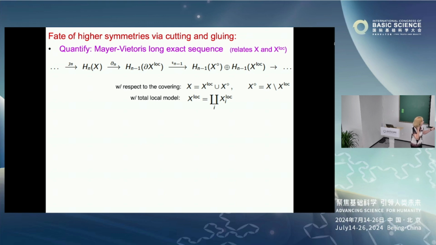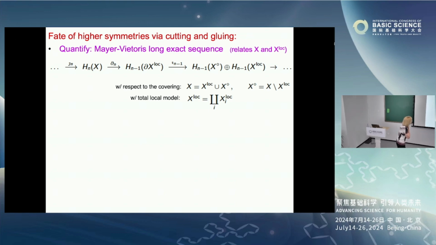So this is the analog of a regular part in the absence of the local parts, so a compact space with the local parts taken away.